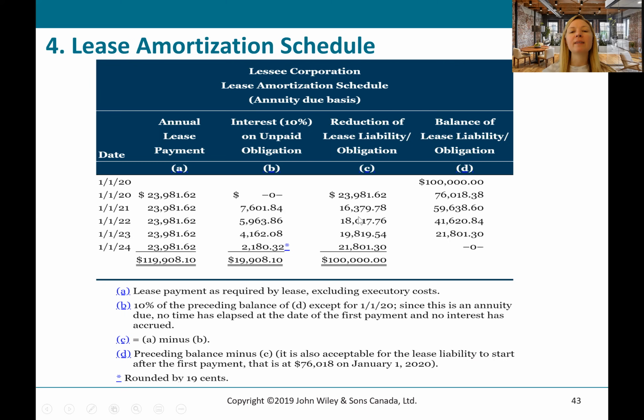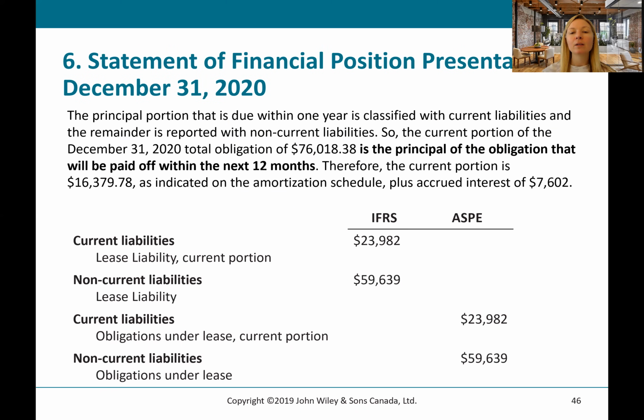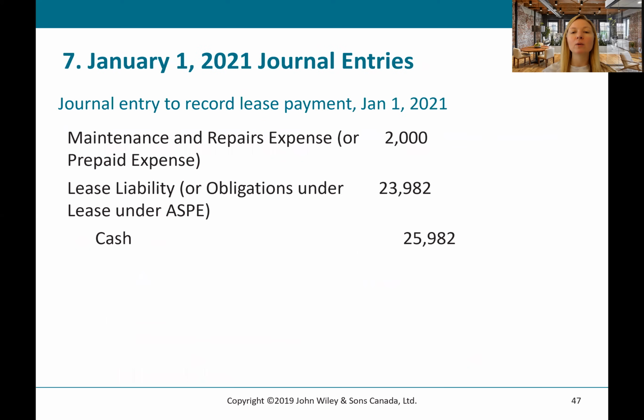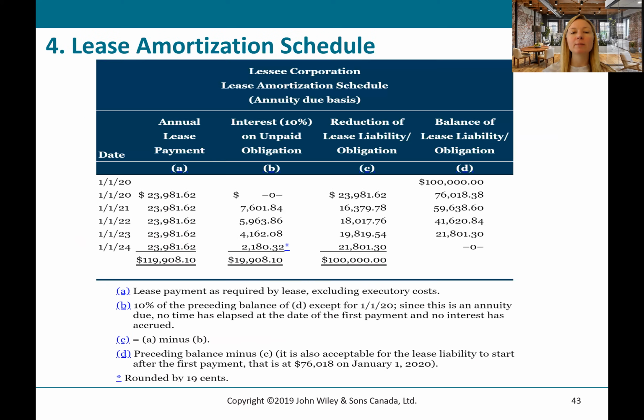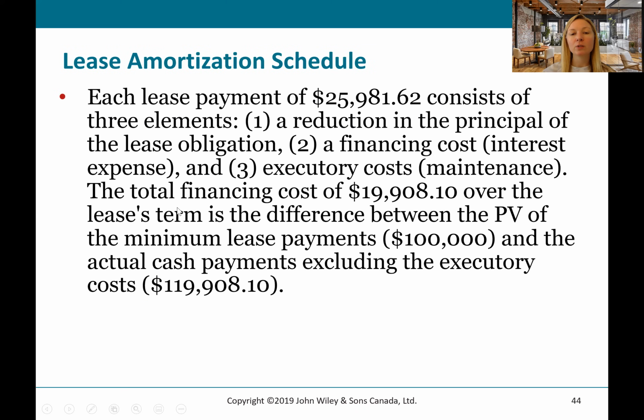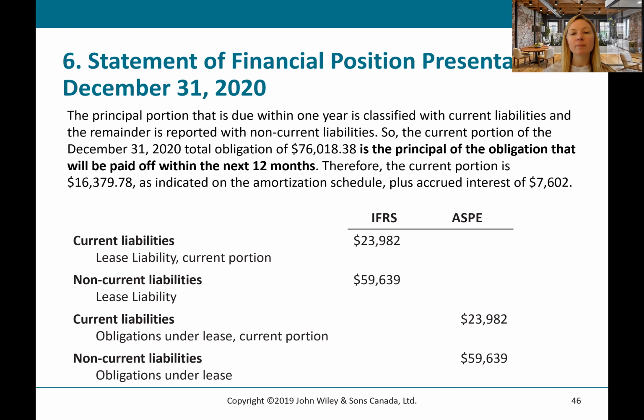So I think we're saying that this amount is current, $16,379, or the lease payment. Actually, this is our lease payment. So $23,982 will be paid off, which is composed of interest and principal. So $23,982 is what's going to be reduced. And then the difference is going to go into the non-current liabilities.